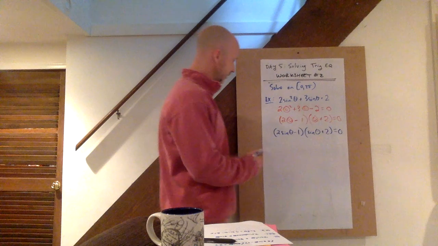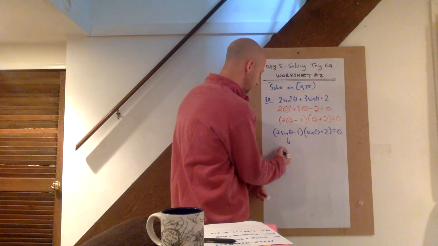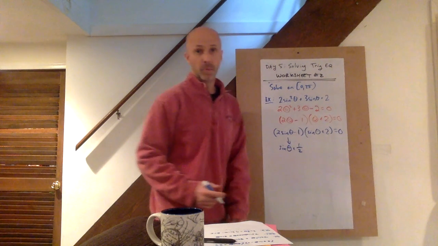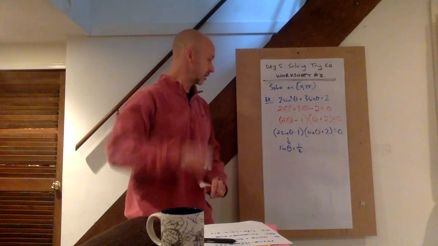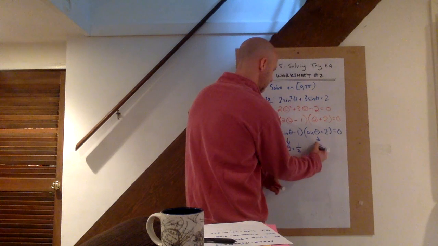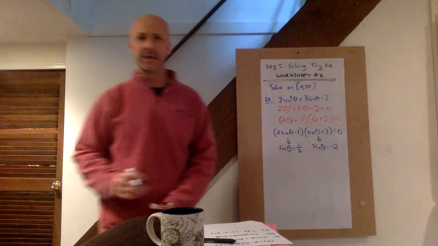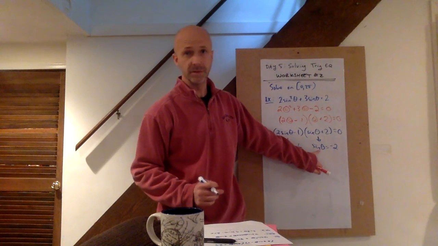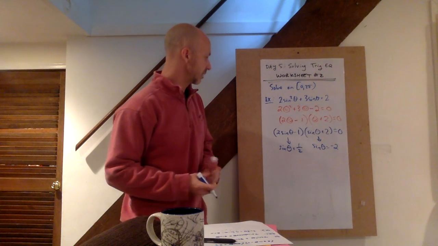But you'll note that the first linear factor, when we set that equal to 0, will lead to the equation sine theta equals 1/2, which will have 2 solutions of its own on the interval from 0 to 2 pi, a solution on the way up, a solution on the way down. Meanwhile, the second linear factor will lead to the equation sine theta equals -2, and we know -2 is not a value that sine theta ever achieves, so that will lead to no solutions on the interval from 0 to 2 pi. So that's how these are a little different maybe than your standard quadratics.